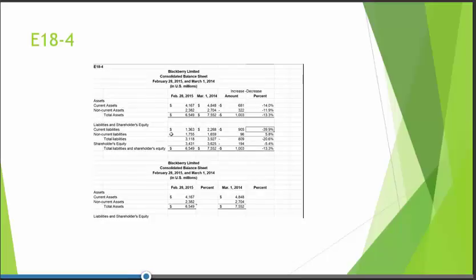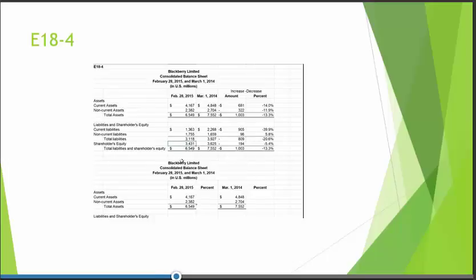Our non-current liabilities this year, 1,755, last year, 1,659, have increased by 96, or 96 divided by 1,659 is 5.8%. Our total liabilities this year, 3,118, last year, 3,927. They've decreased by 809. As a percentage, that's 809 divided by 3,927, so a decrease of 20.6%.